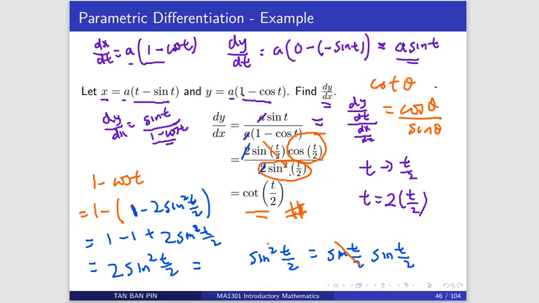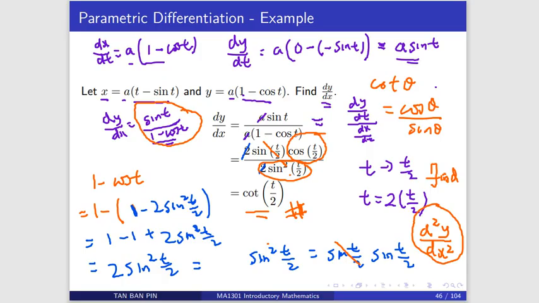One thing about simplifying is that in the later slides we'll be looking at how to find d²y/dx². If you start with dy/dx equal to sine t over 1 − cosine t, you need to differentiate dy/dx again.